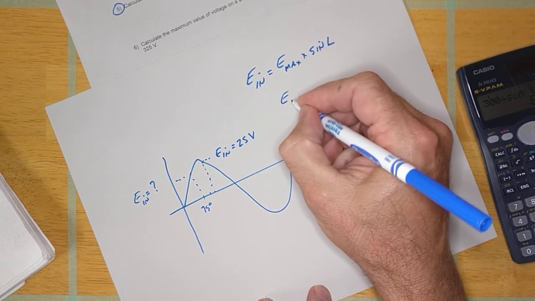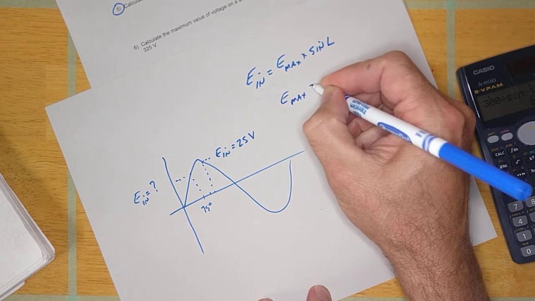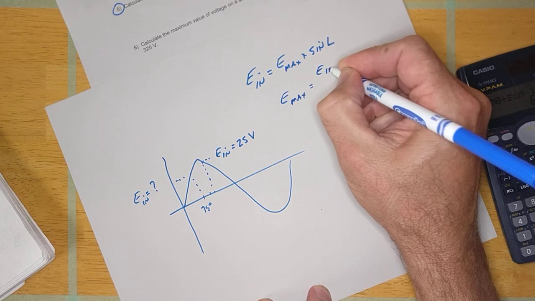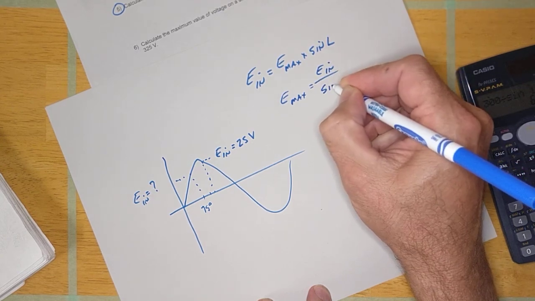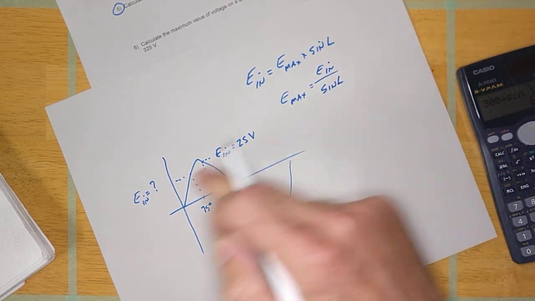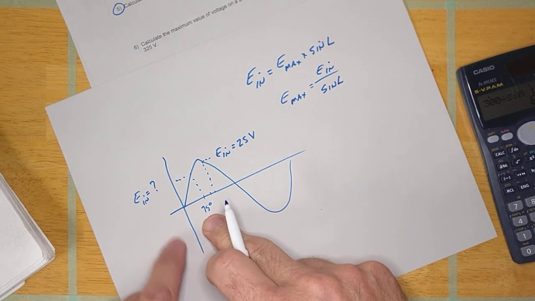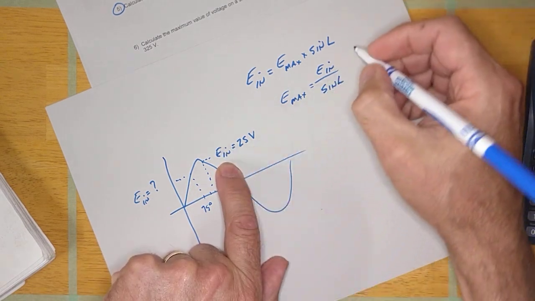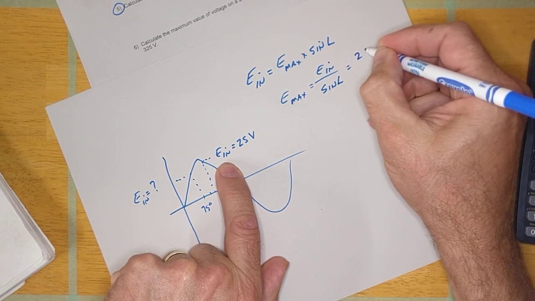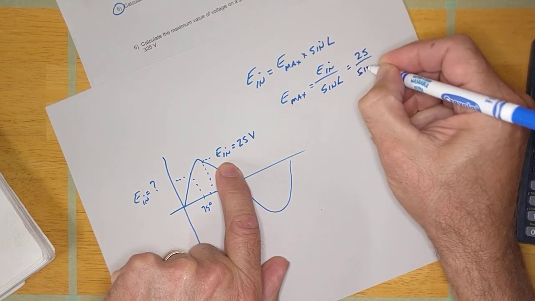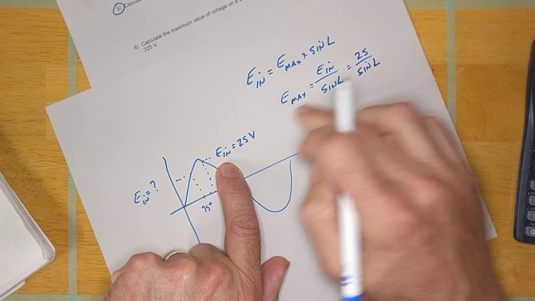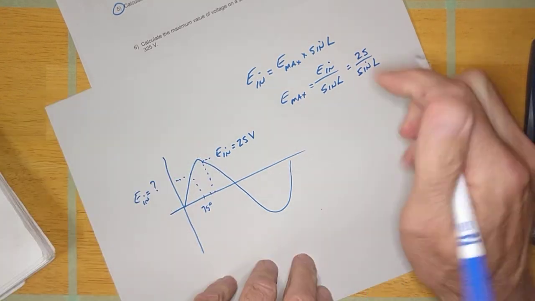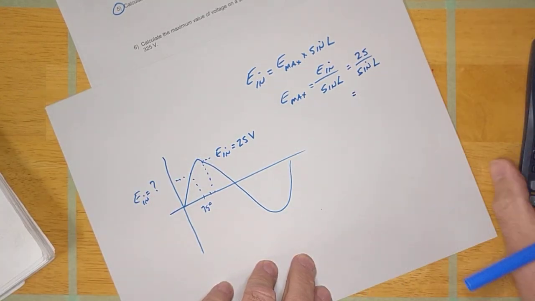I'm going to calculate E max, and here's the formula transposed, okay? And I'm going to use the known value here. The instantaneous voltage is 25 at 100 degrees. So this will allow me to calculate this peak voltage. Let's do that right here for a second, guys.